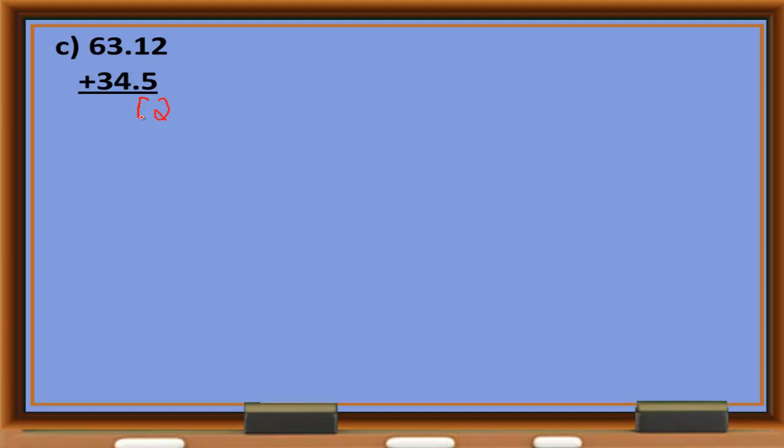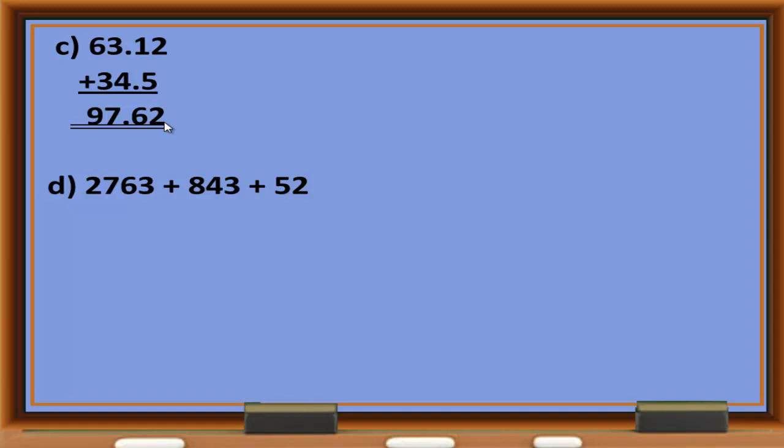Therefore, we put here 6, and here is a point for its decimal. We put 3 plus 4 is 7. 6 plus 3 is 9. Therefore, the answer is 97.62.